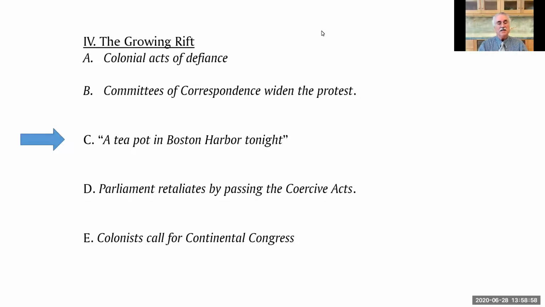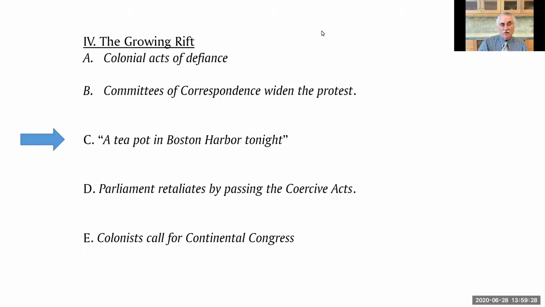The passage of the Tea Act in 1773 led to independence. The Tea Act allowed the nearly bankrupt East India Company to ship tea from the Indian subcontinent directly to America and bypass all the middlemen, the tea agents, the tea stores, and so on.